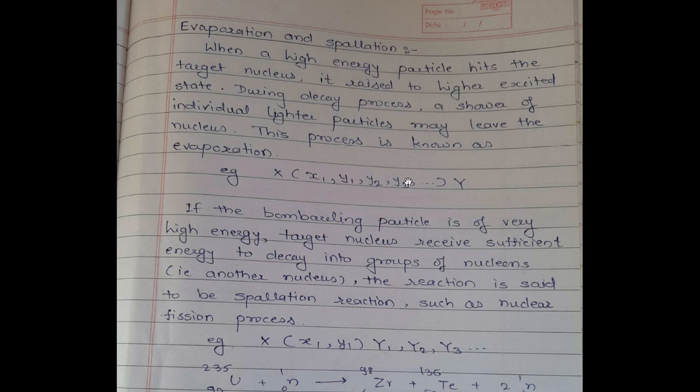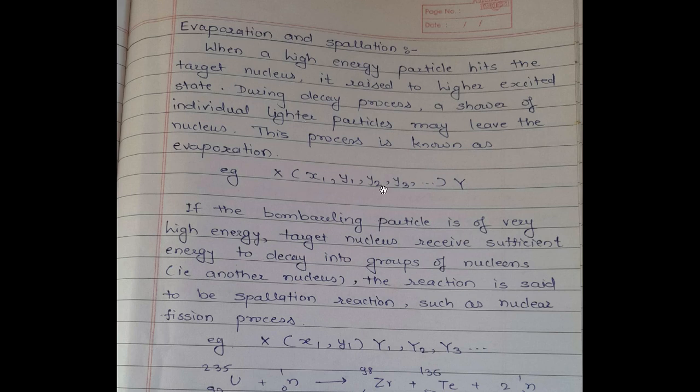Shower of lighter particles such as Y1, Y2, Y3, Y4, Y5. There are many lighter particles that we get in this evaporation process, along with the product nucleus. That is a shower of lighter particles we get in this evaporation process.